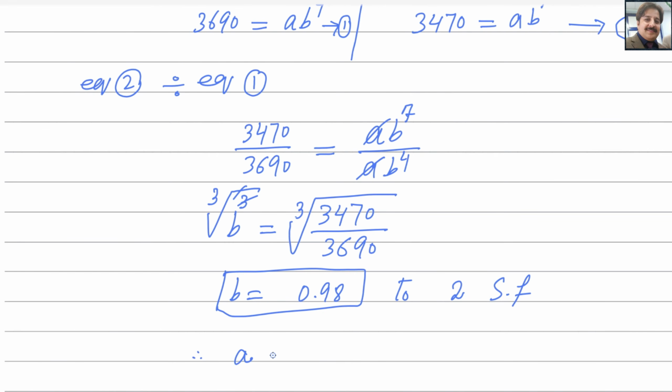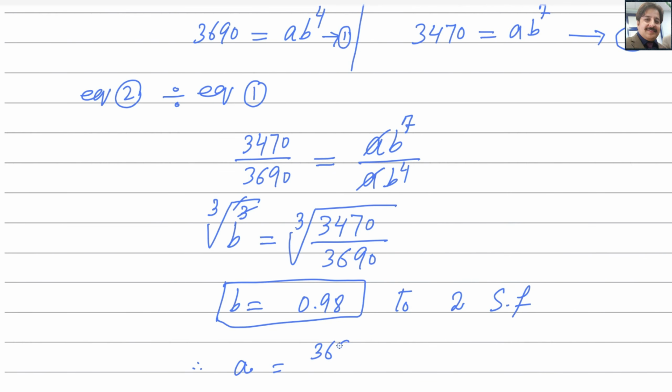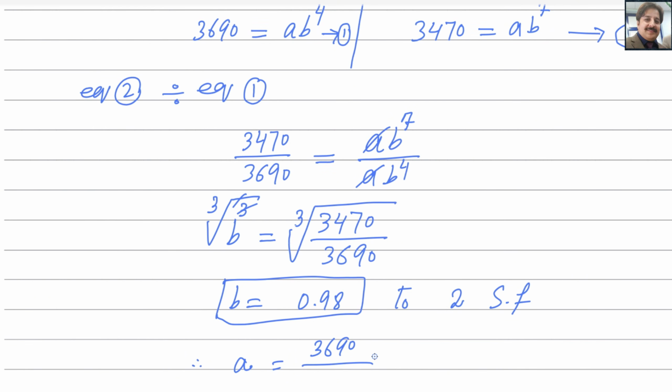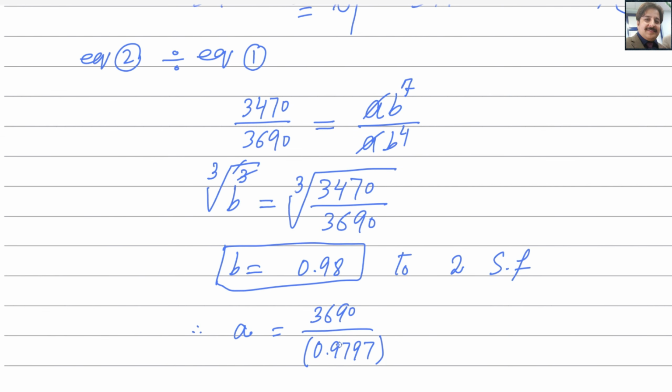Therefore, A is equal to 3690, and b to the power 4 will be divided to the other side. You know it is multiplying here, so it will divide to the other side. So you can write 0.9797. I'm not writing all the values, just this one.